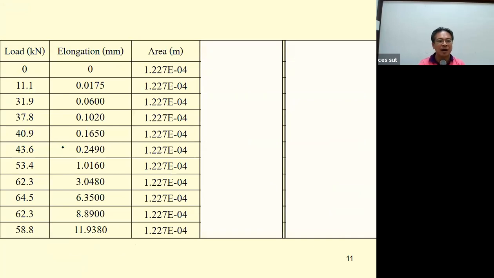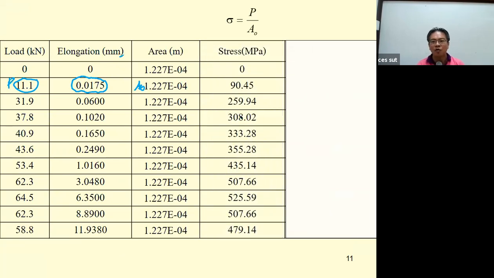Okay, the first one we have is the load from 0 to 11.1, and then the specimen will elongate to 0.0175 millimeter. Since we have this one as A sub O, we divide P by A sub O, and we get the stress, okay?